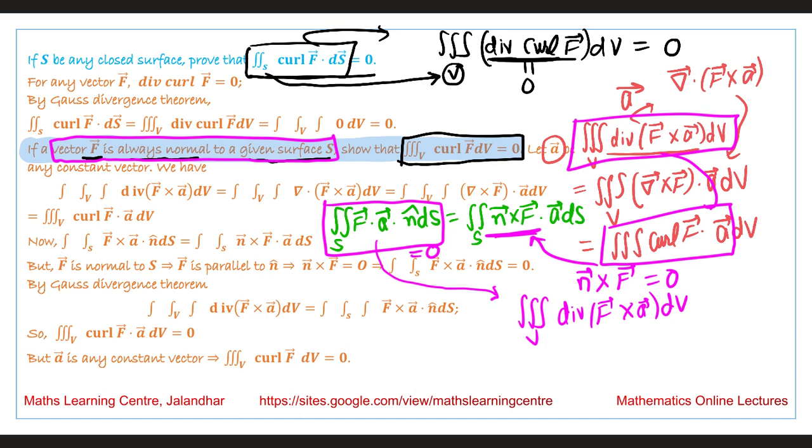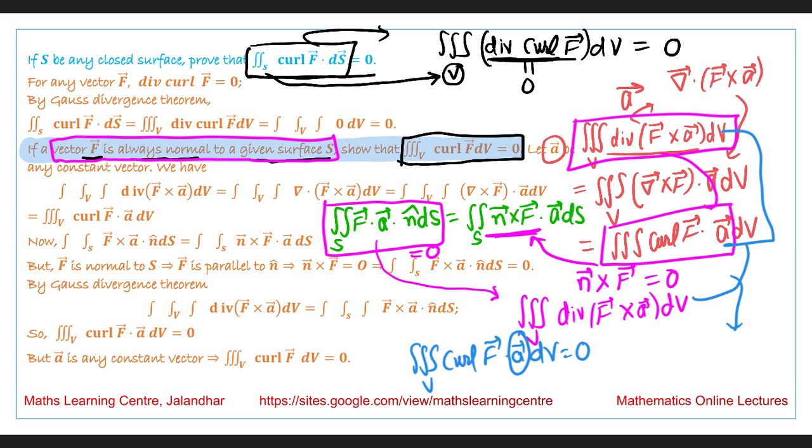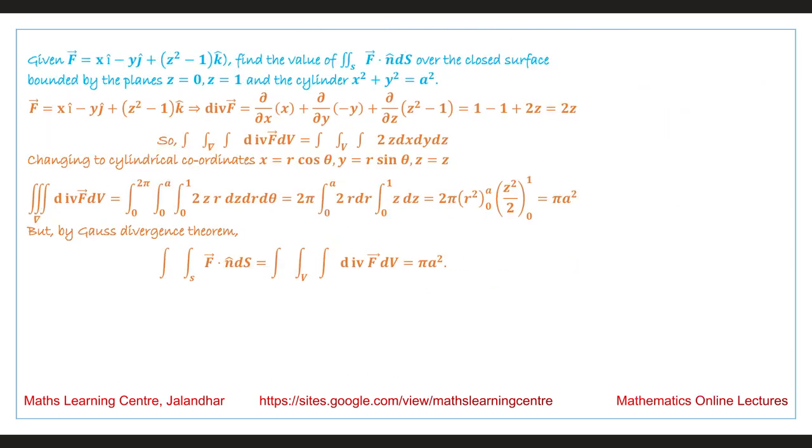So combining these three results, we obtain that the triple integral over V of curl of f vector dot a vector dV is equal to 0. Since a vector is a constant vector, this implies that the triple integral over V of curl of f vector dV is equal to 0, and this is what we have to prove.